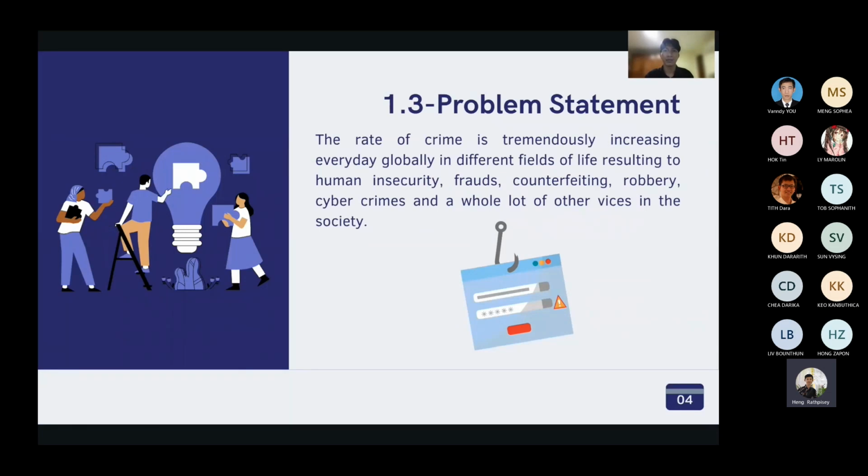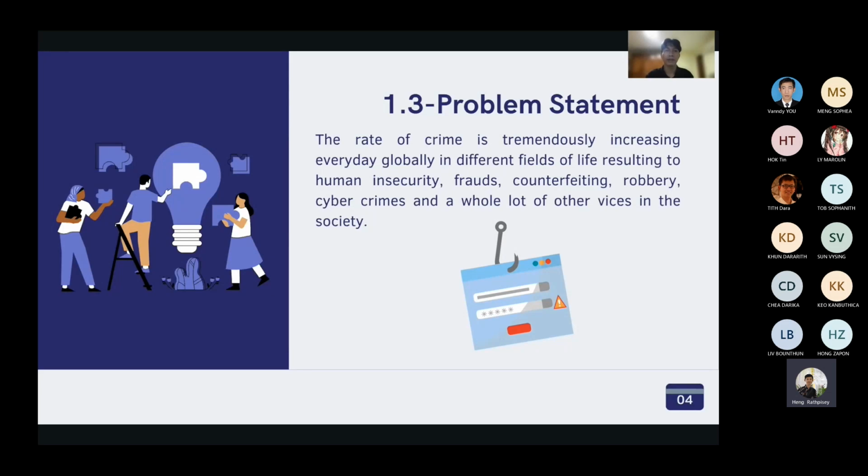Let's move to the problem statement. Nowadays technology is extremely modern. By the way, the rate of crime is tremendously increasing every day globally in different fields of life, resulting in human insecurity, fraud, counterfeiting, robbery, cybercrime, and a whole lot of other ways in society.